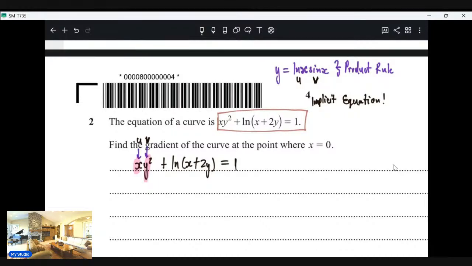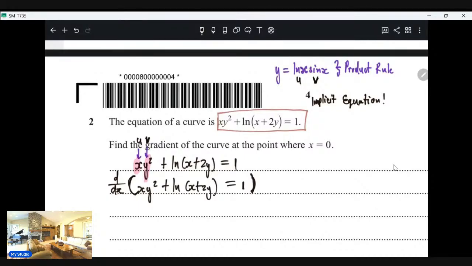So when you are differentiating this xy squared, you have to use the product rule. Let's differentiate it. You put a big derivative outside to cover everything: xy squared plus ln of x plus 2y, and this is going to be equal to 1. We are going to differentiate the whole thing.